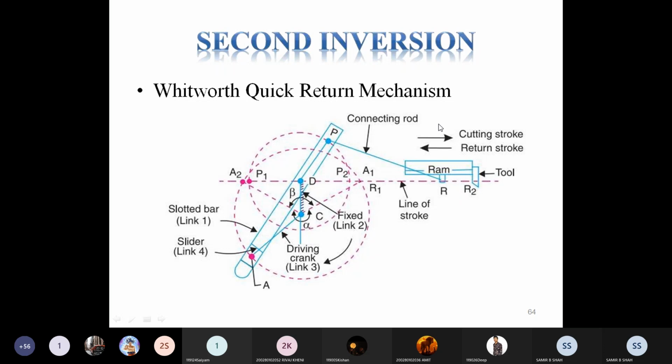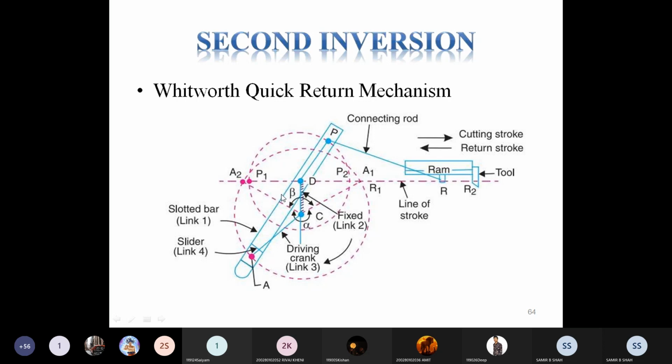As per the planer machine, shaper machine, or slotter machine, the condition is that beta should always be smaller. The ratio between the time of cutting stroke alpha and the time of non-cutting stroke beta is equal to alpha divided by 360 minus alpha. Beta means 360 minus alpha.